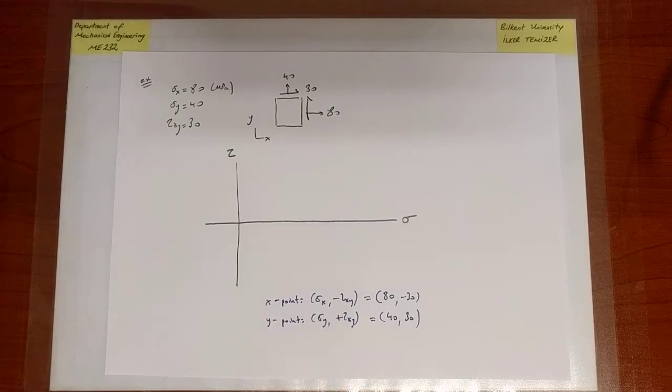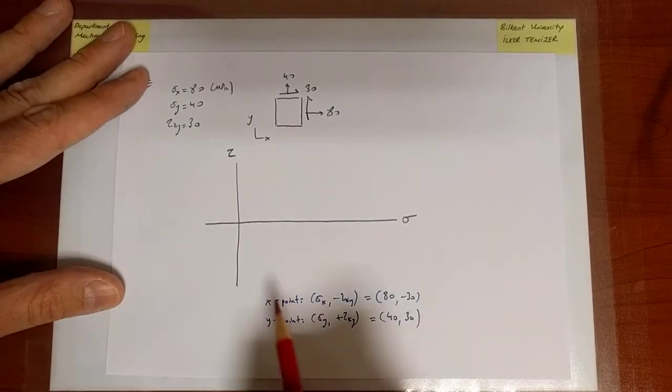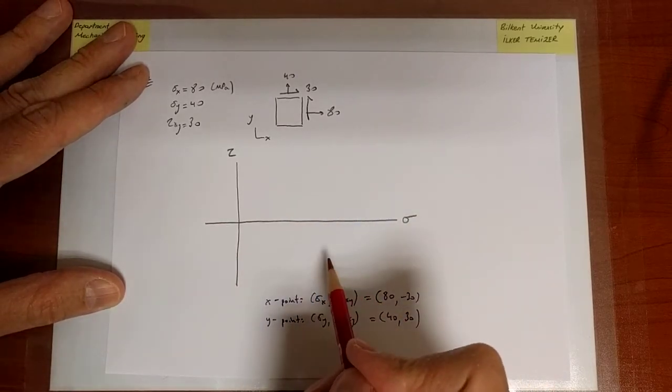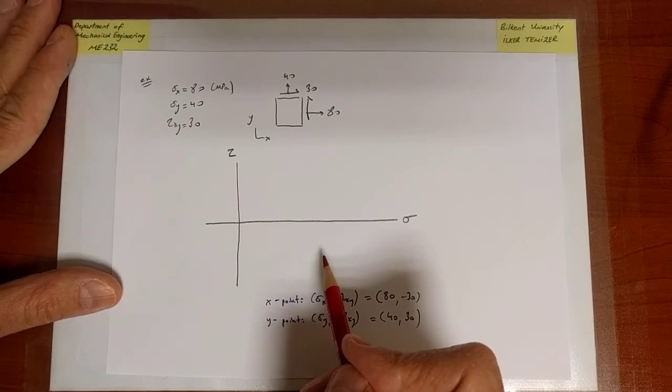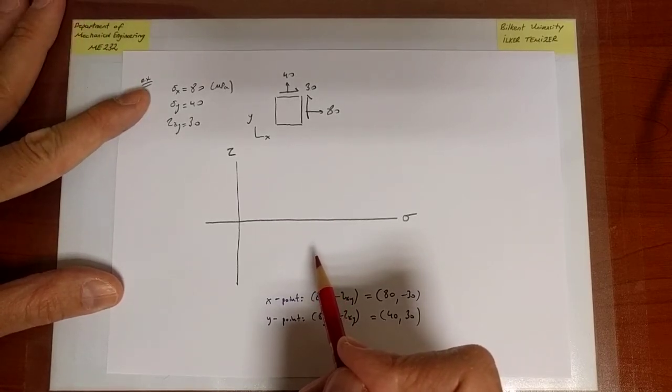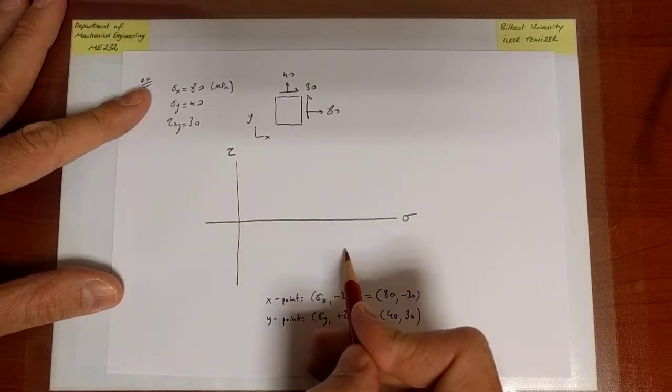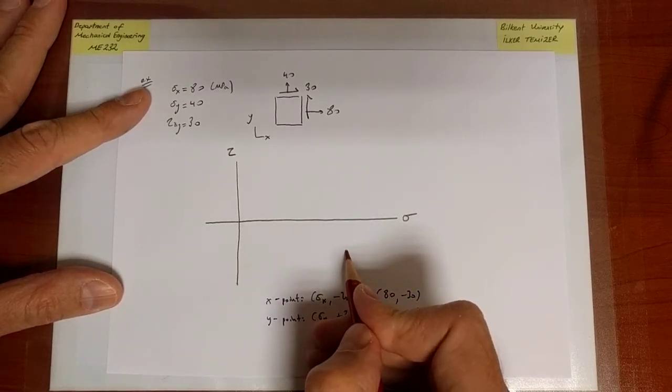So now once we have those values, then I can go ahead and put them on this picture over here. Now it's a little bit more tricky because it will have two values along two axes, both of the points. So now the first one is going to be at 80, minus 30. So let's say it's a point probably, let's say over there.